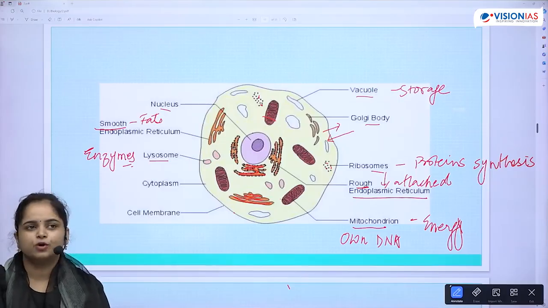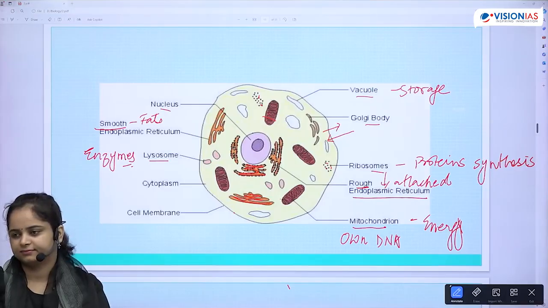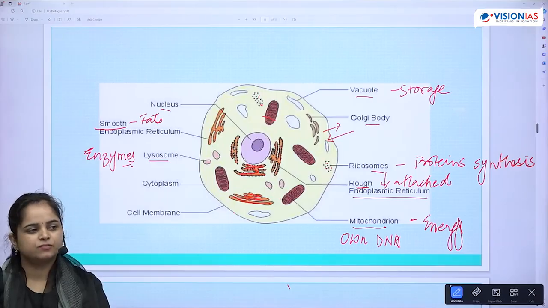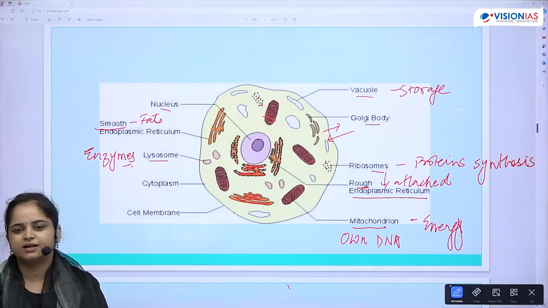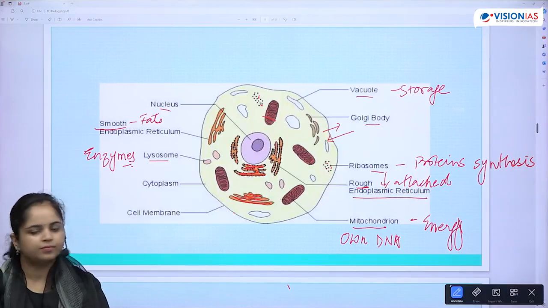Then write rough endoplasmic reticulum. Rough endoplasmic reticulum contains attached ribosomes and is associated with production of proteins.